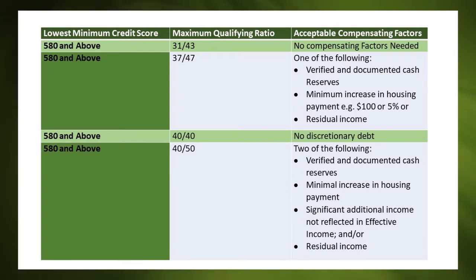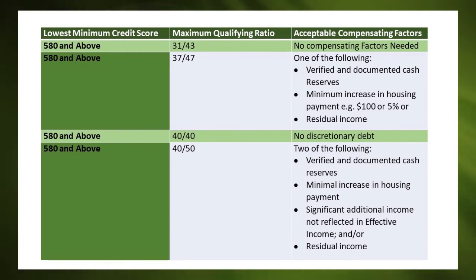So let me give you those three factors so you know what can be included in the 50%. First of all, we're going to require them to have 1 to 3 months of cash reserves. And if the AUS, which is your automated underwriting system, requires more, we're going to let you know that as well. Here's the thing that I need you to know and write down. Their rental expense cannot increase by more than $100 or 5% of their current rent.